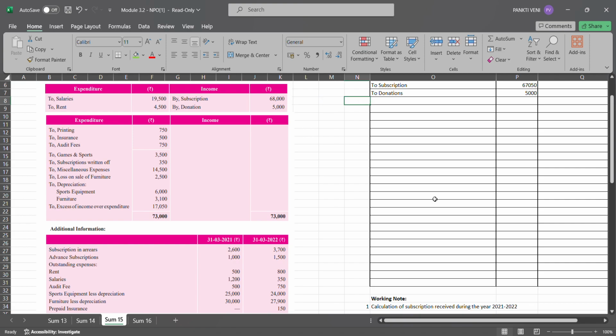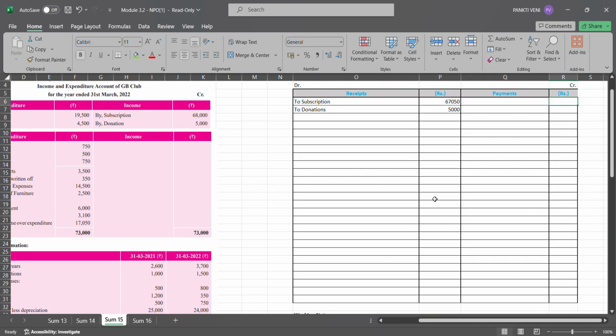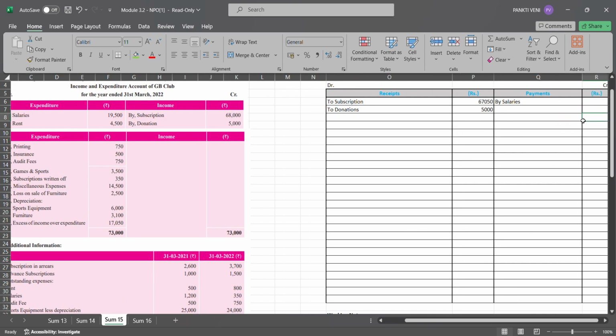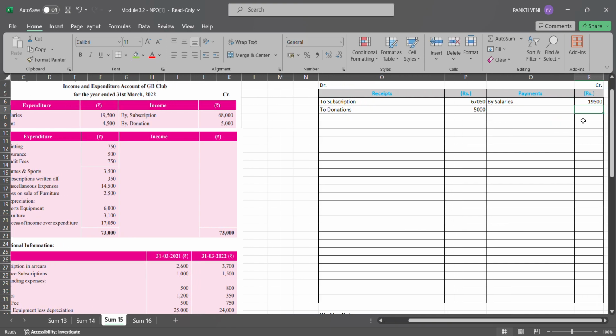Now I'll take the expense part. So salaries, I'll note down salaries. So here it will be by salaries. Okay, let me check, 19,500. Any adjustment? Yes, I have an adjustment related to salary. So that adjustment I'm supposed to take care of here. So 19,500. Now here the outstanding salary of last year I'm supposed to add. Remember we are doing receipts and payment, we have to work in reverse.